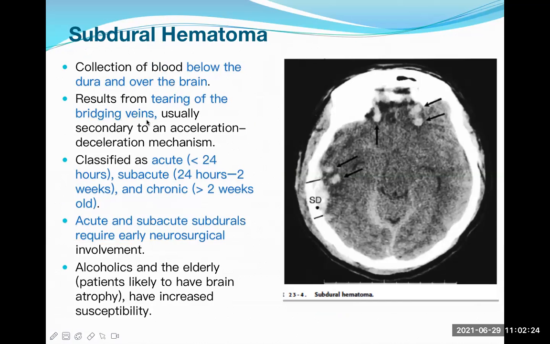So it collects slowly. It is not as alarming as epidural hemorrhage, but it will also lead to massive collection of the blood clot if it is not treated in time. So it may be acute, subacute, or even chronic. And alcoholic and elderly people most commonly have a subdural hematoma.